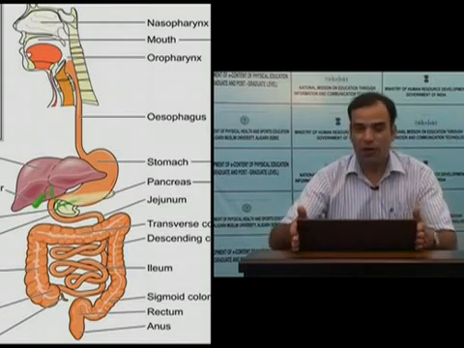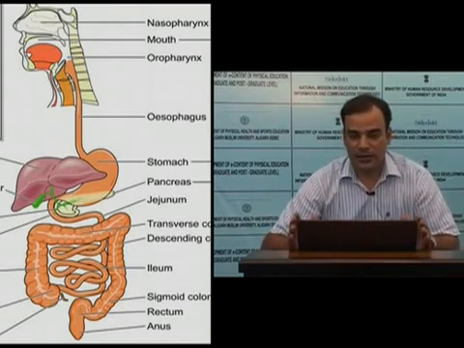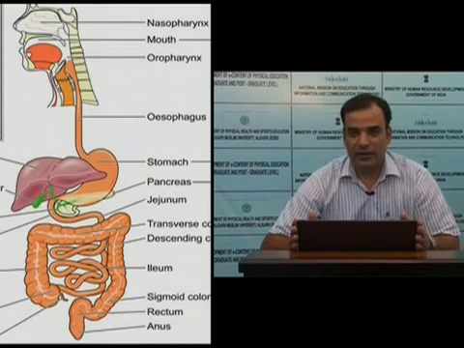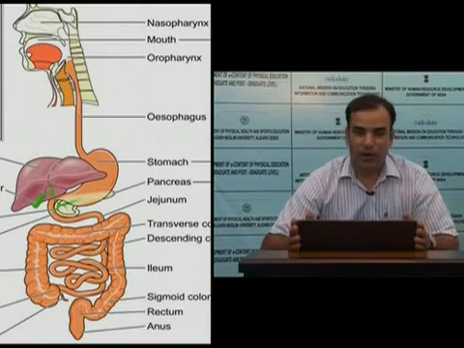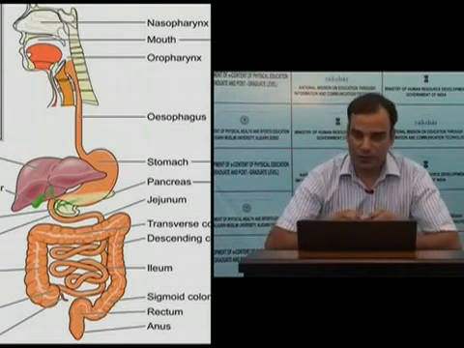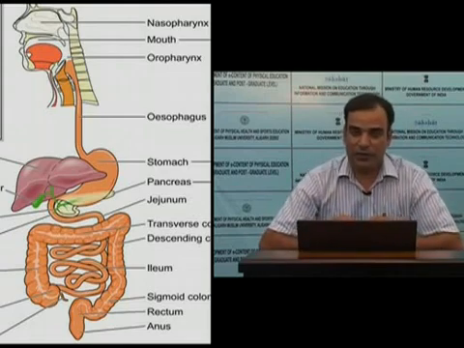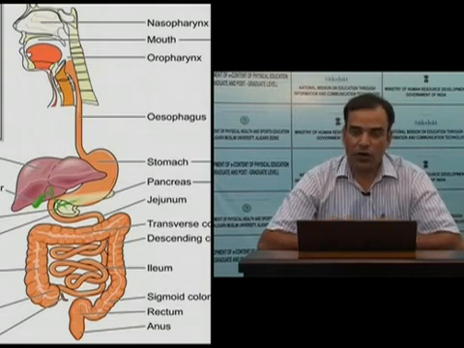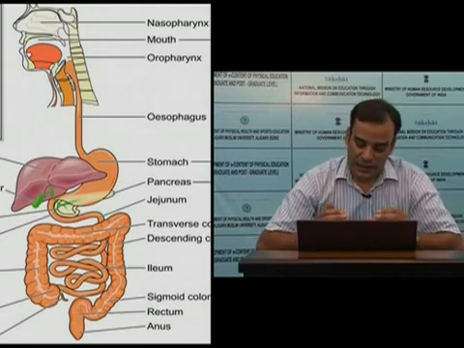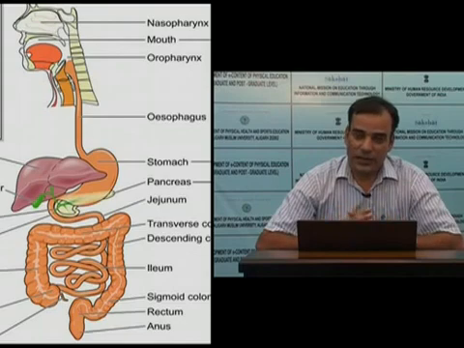Along the whole wall of the GIT, the tract is lined with many single cell as well as compound glands. These small single cell glands as well as compound glands are located within the wall of the GIT. These are the primary glands of the digestive system.